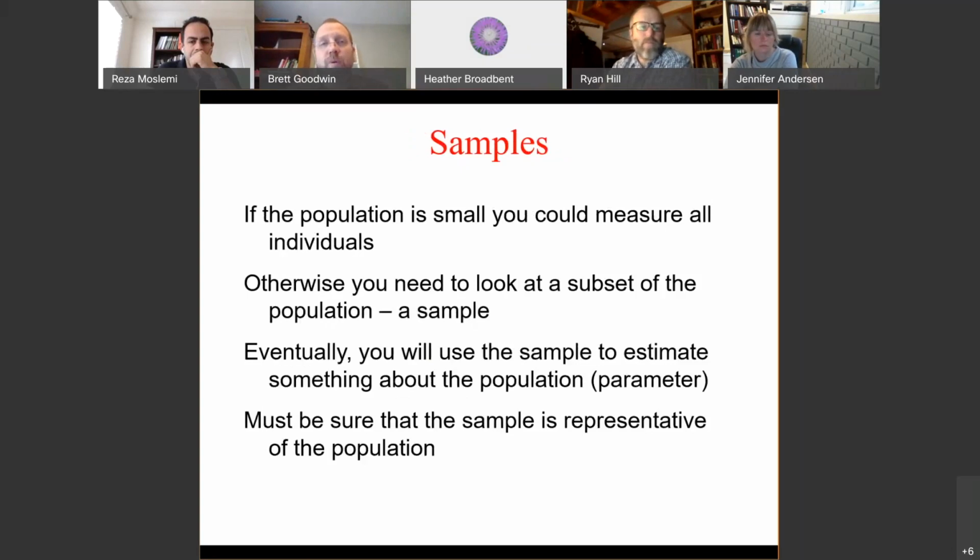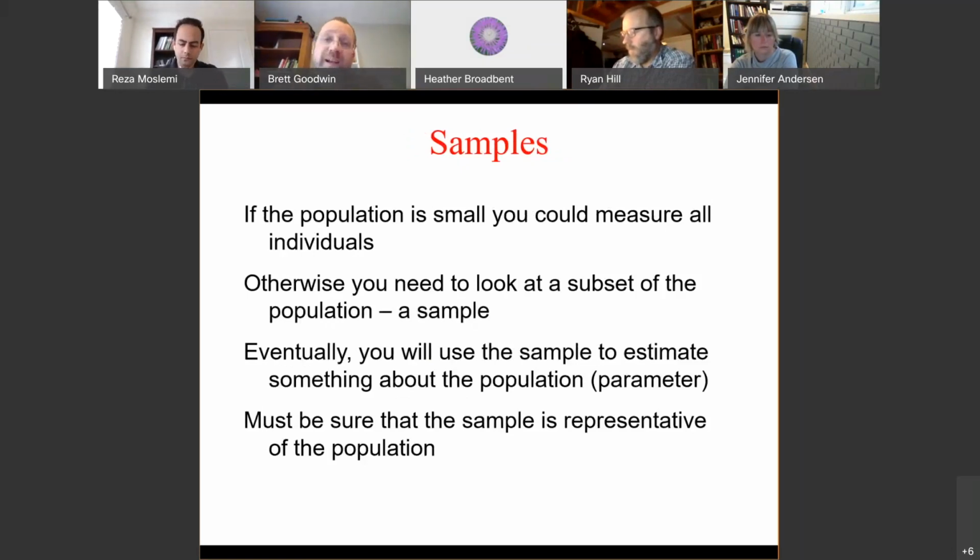Okay, and so once we figure out what population we're getting data from, then we have to figure out how we're going to get the data. And this is a very overlooked part of statistics, how you get your samples. Ideally, what you'd want to do is take a subset of the data.